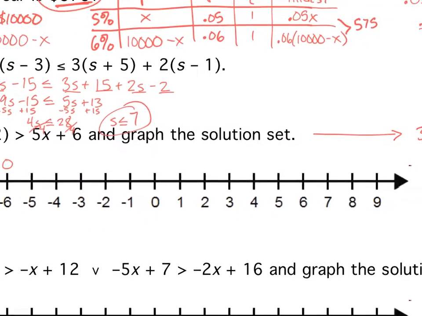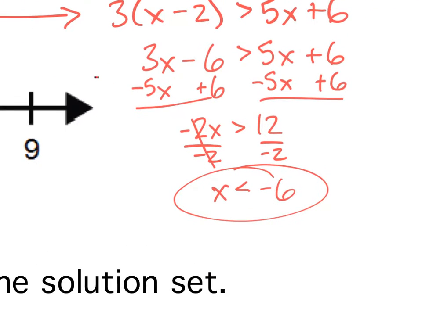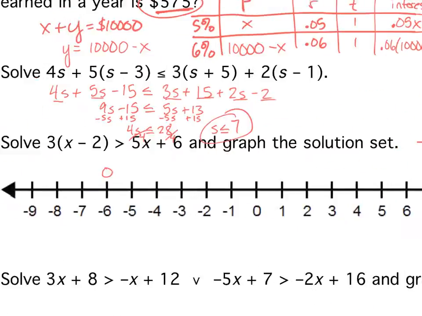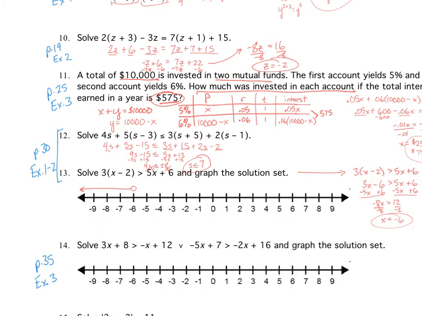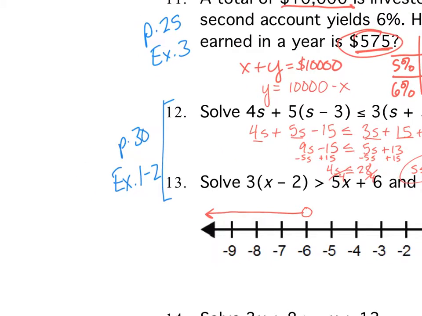The direction of the arrow should match the direction of your inequality here. A less than is kind of pointing to the right, so I'm going to draw my line going off to the right, like that with a little arrow at the end. And that would be graphing the solution set. If you need more help on solving inequalities, look on page 30 at examples 1 and 2.